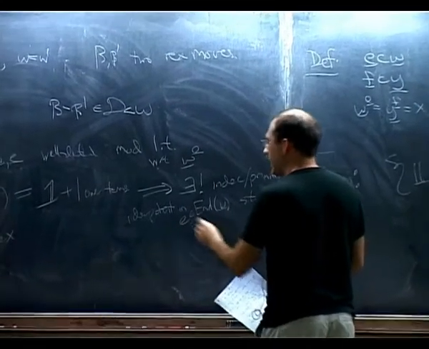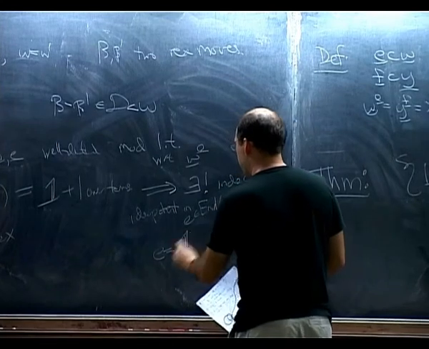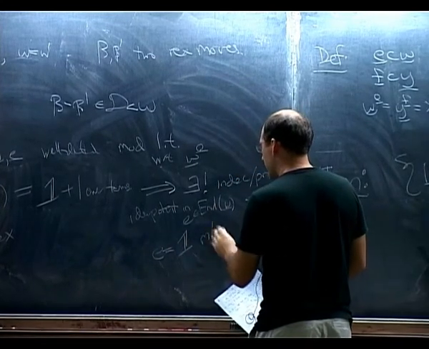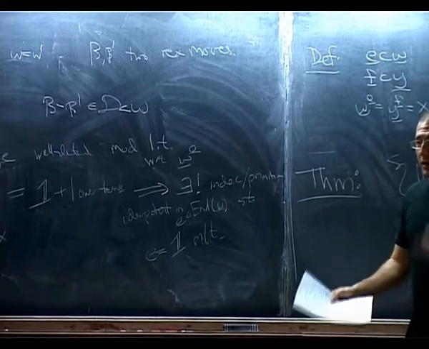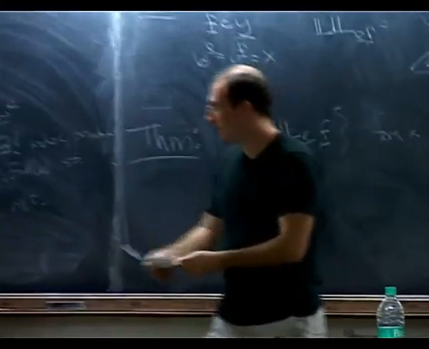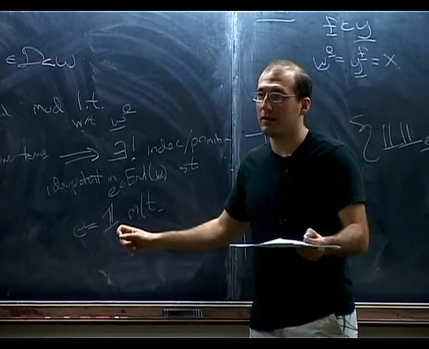Let's call this idempotent E, such that E is equal to the identity modulo lower terms. If you have two of them, then when you take their product, you're just multiplying one by one modulo lower terms, so they can't be orthogonal.